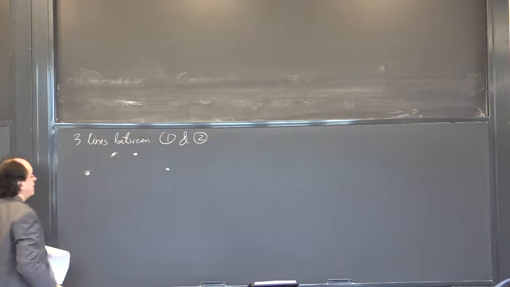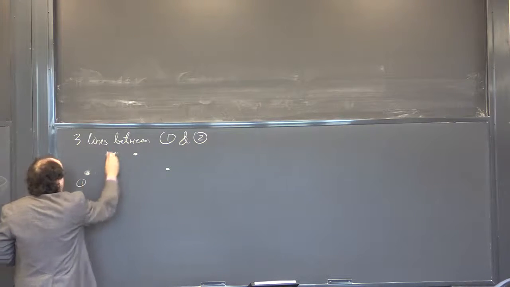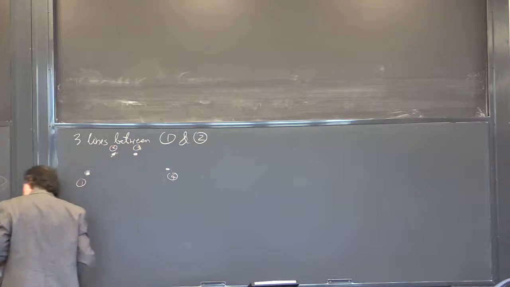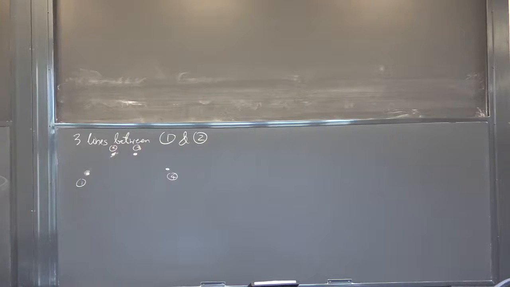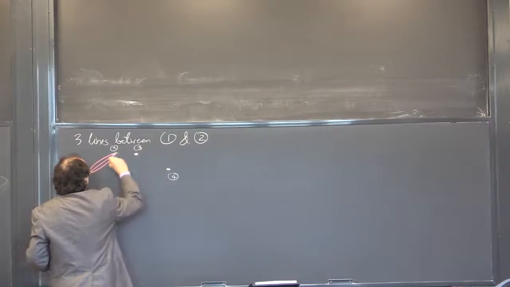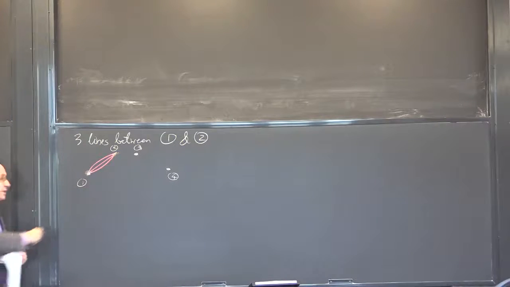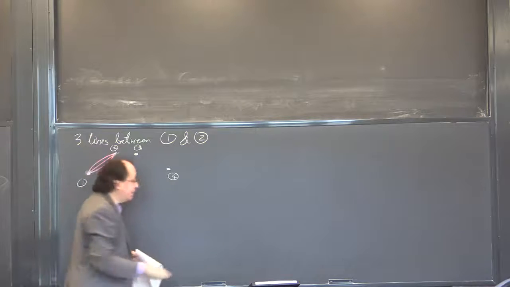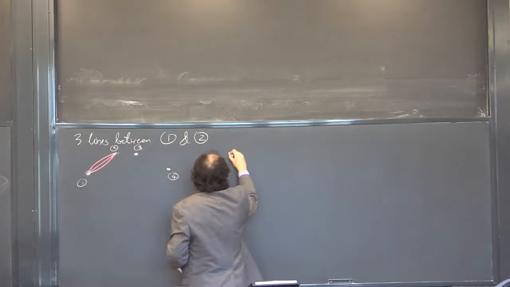We have this trapezoidal shape, 1, 2, 3, and 4. And since I want exactly 3 lines between 1 and 2, I'll draw them. And as you can see, there isn't much to do here. You just have one line left at 1, which you can send to 4 or to 3. So there will be 2 cases in this category.